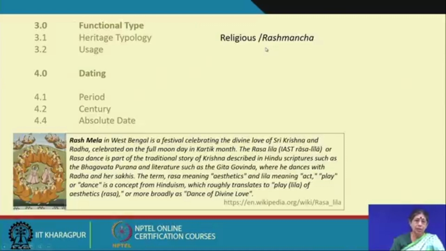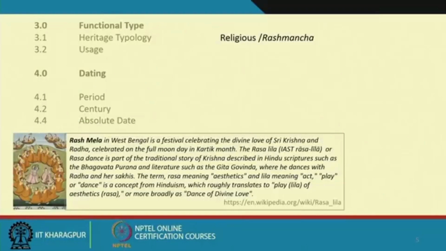I think I mentioned earlier also that the Rashmansha is generally not independent, it always stands along with the main temple. It is where during the Rash festival the deity is brought out and everybody has access. So, it is a festival or a celebration that happens. So, this is the particular typology of the structure which this represents.